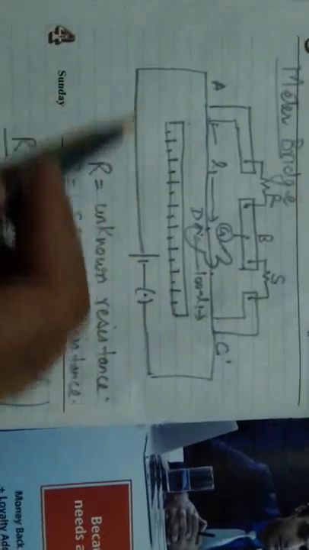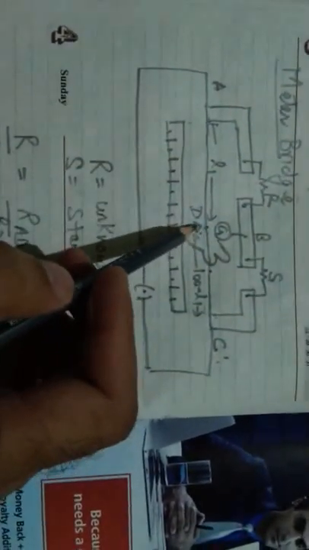Now this has become a Wheatstone bridge: resistances 1, 2, 3, 4, the galvanometer, and this is the battery. This point is called a jockey. If we move it to different points, at some point we will definitely see that there is no current flowing in this galvanometer.